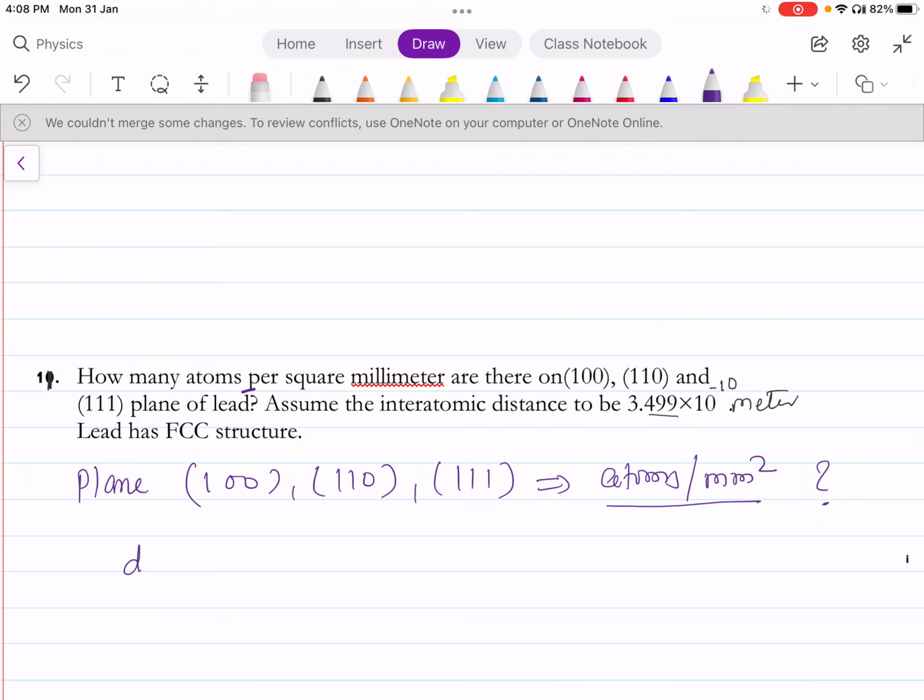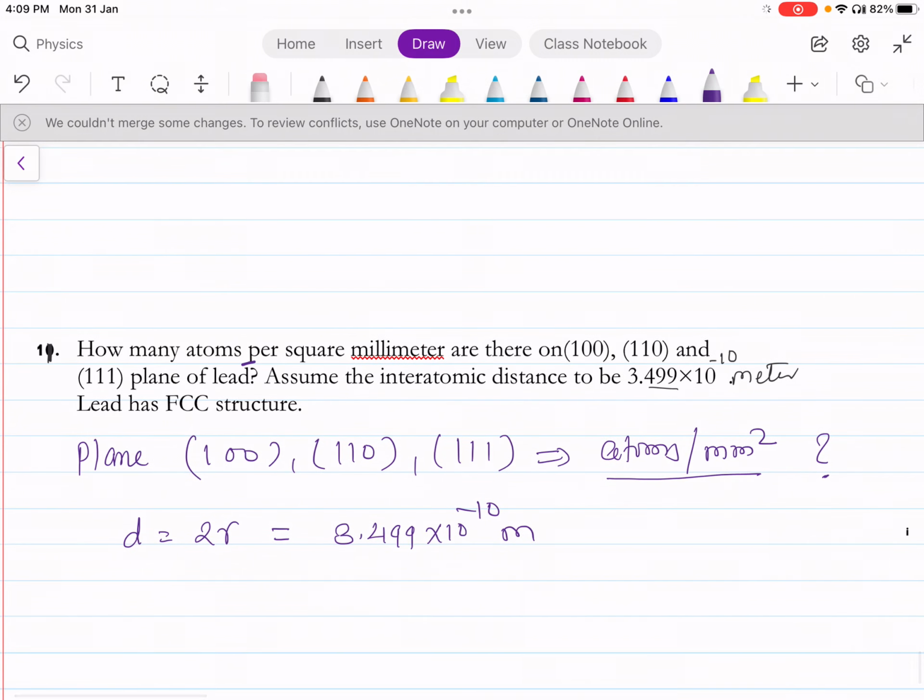If interatomic distance is d, then d is equal to 2r. d is the diameter, r is the radius of the atom. And these two atoms touch each other, so the distance between them is 2r. This 2r is given, which is 3.499 into 10 to power minus 10 meter. Again, the structure is given, which is FCC.